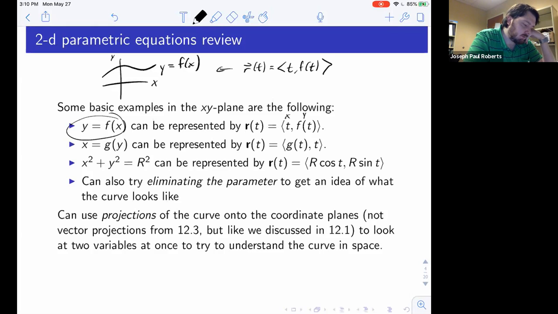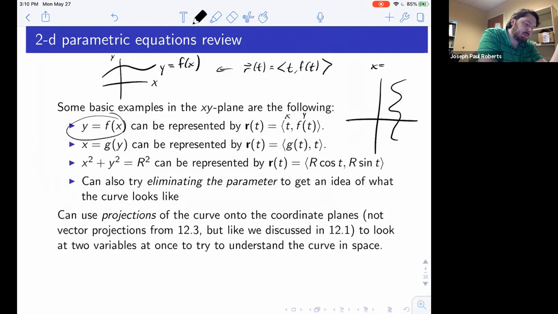If you wanted to instead deal with x in terms of y, the main difference is, remember, functions have this vertical line test: each input can have only one output. So if y is a function of x, you have to pass the vertical line test. Let's say you have a curve that doesn't pass the vertical line test, maybe it looks something like this.